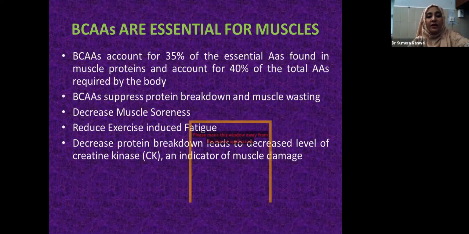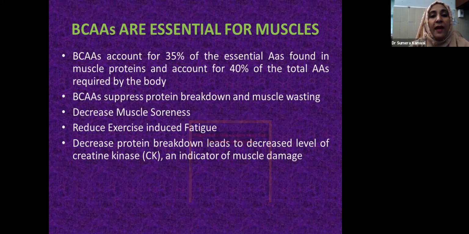So these branched chain amino acids decrease protein breakdown, and because of the decreased protein breakdown in muscles during exercise, this leads to a decreased level of an enzyme, creatine kinase, CK, which is an indicator of muscle damage.